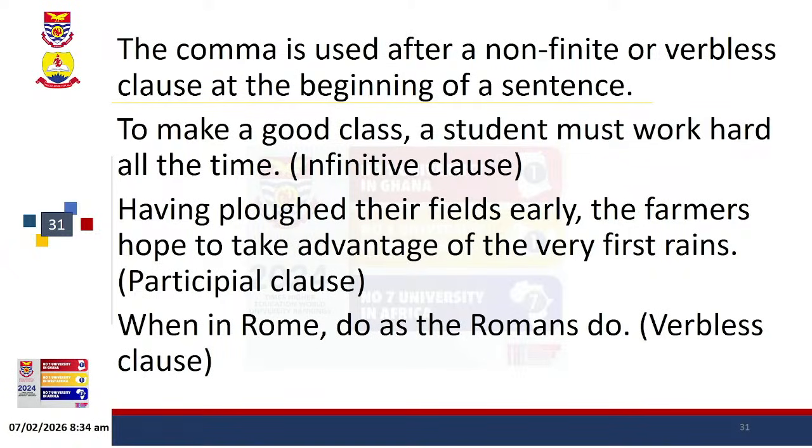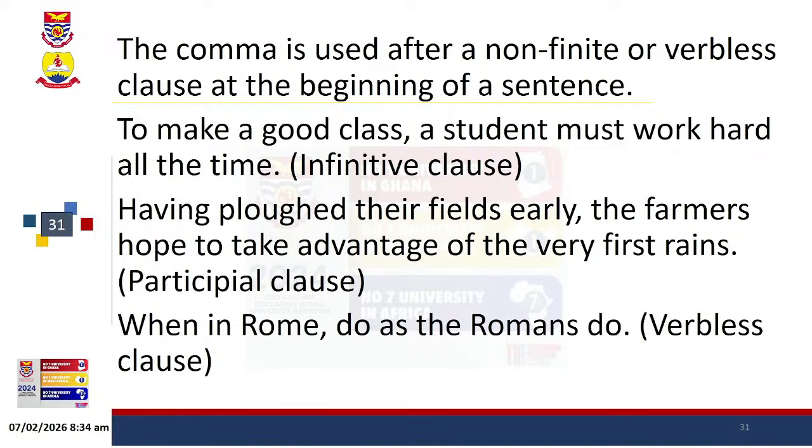What is a non-finite or verbless clause? Non-finite clauses are clauses that usually don't mark tense. Okay? Good. You have ing in them, but they don't mark tense. And then a verbless clause is a clause that has no main verb in it.